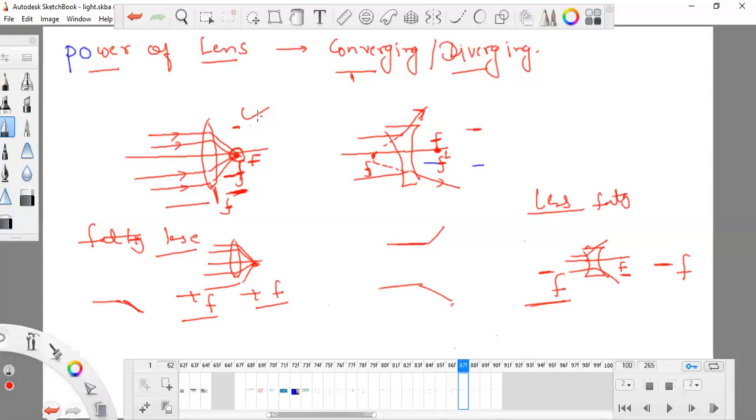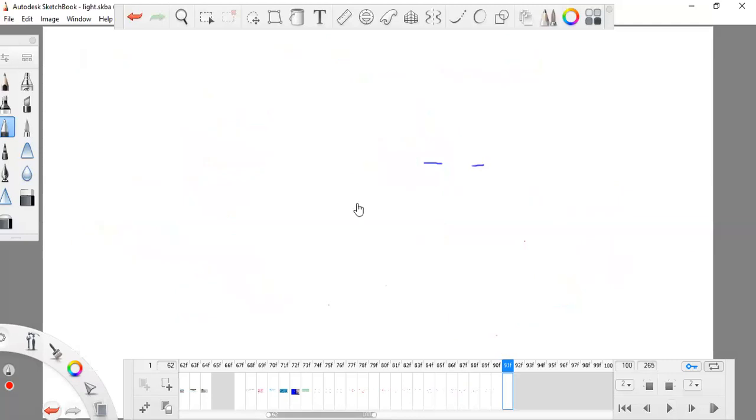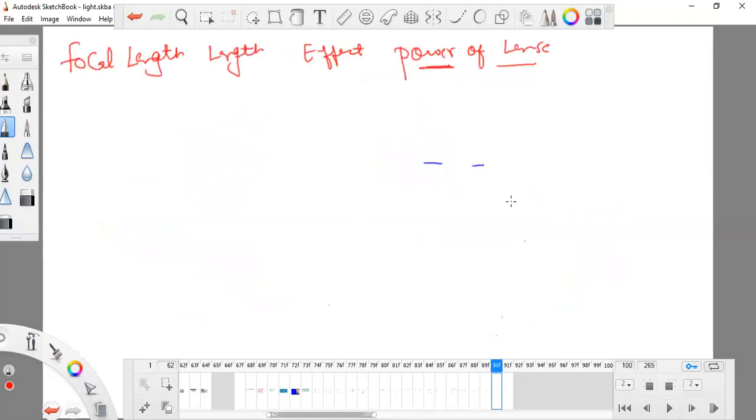So the power of these lenses, convex and concave, totally depends on how they converge and diverge, making light rays come together or go apart. We are going to learn about the power of lens, how it converges light rays or diverges them.